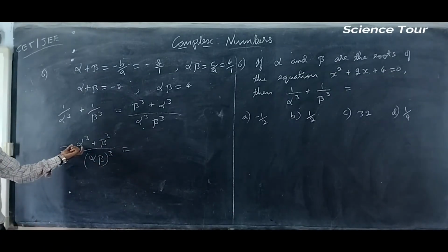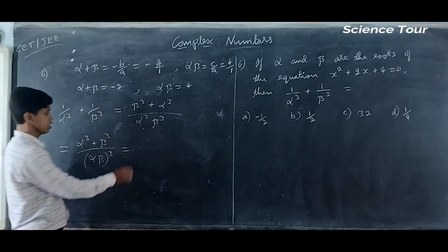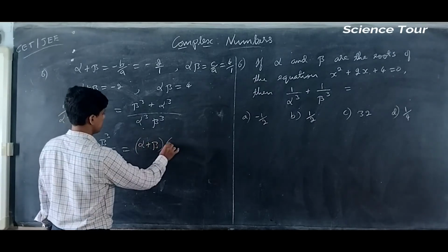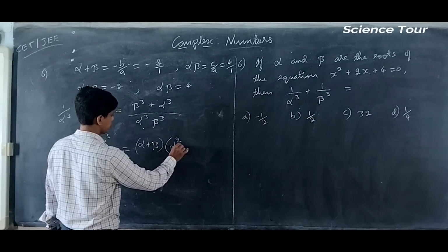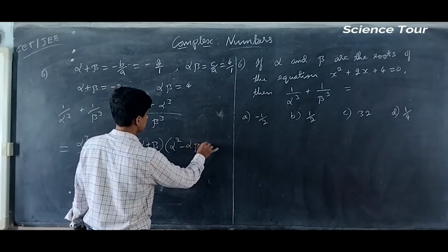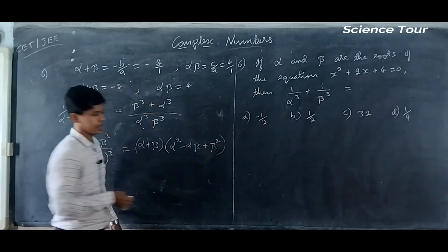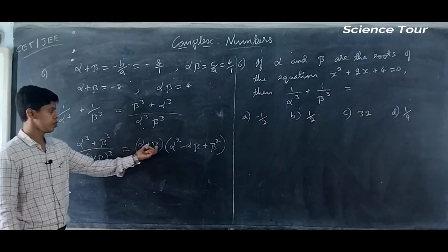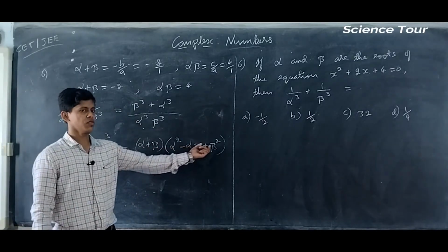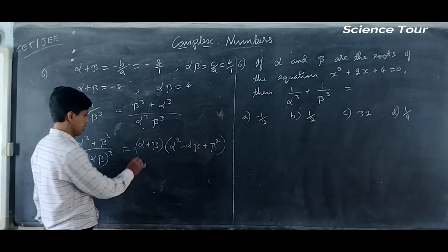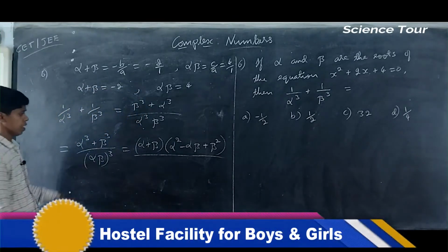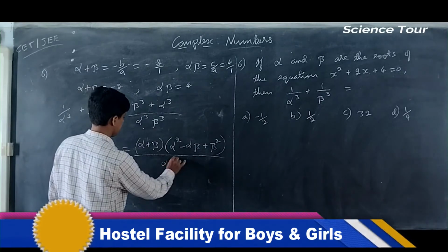Now the a cube plus b cube formula: a plus b into a square minus ab plus b square. So alpha cube plus beta cube is alpha plus beta, alpha square minus alpha beta plus beta square, divided by alpha beta the whole square.